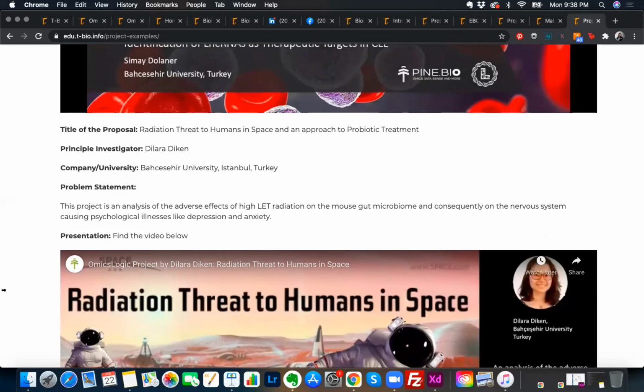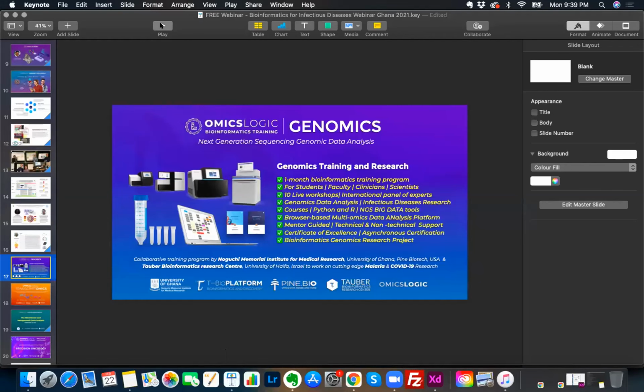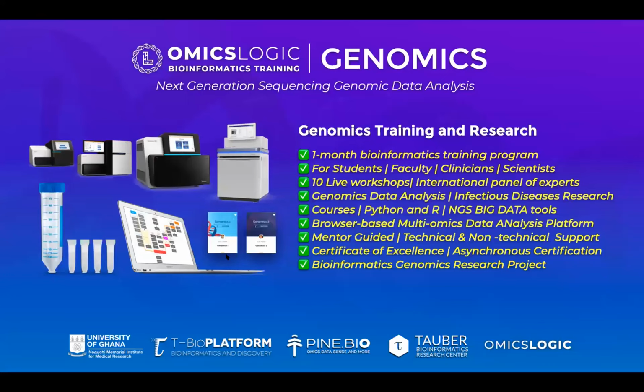As for the next steps, what are the different options you have to join a program like this? As I mentioned earlier, you have the upcoming genomics program as part of the next step, or the phase 2 of the bioinformatics for infectious disease program.